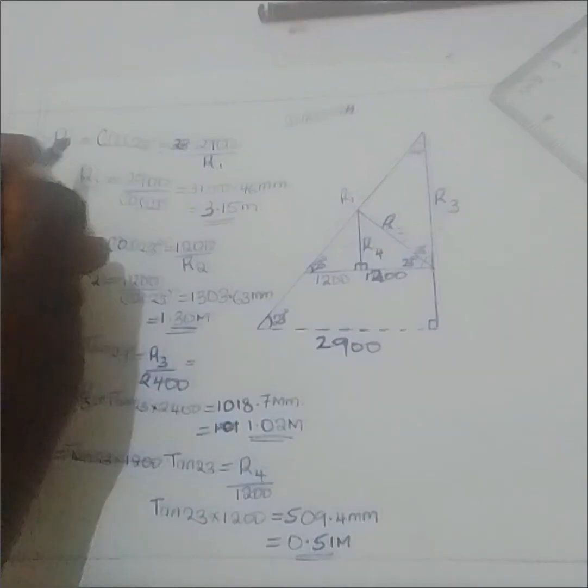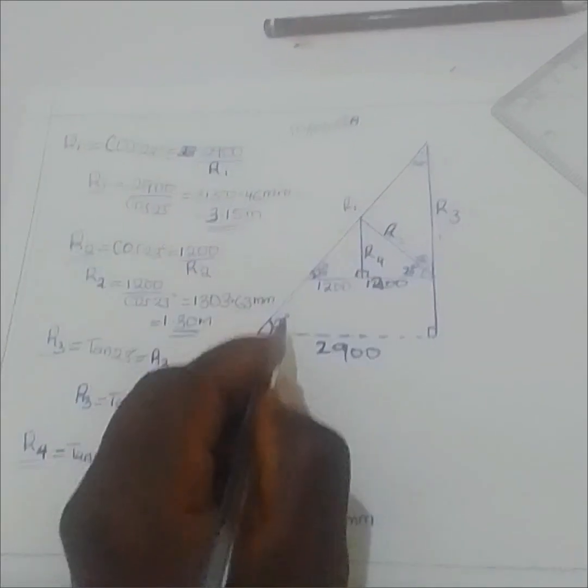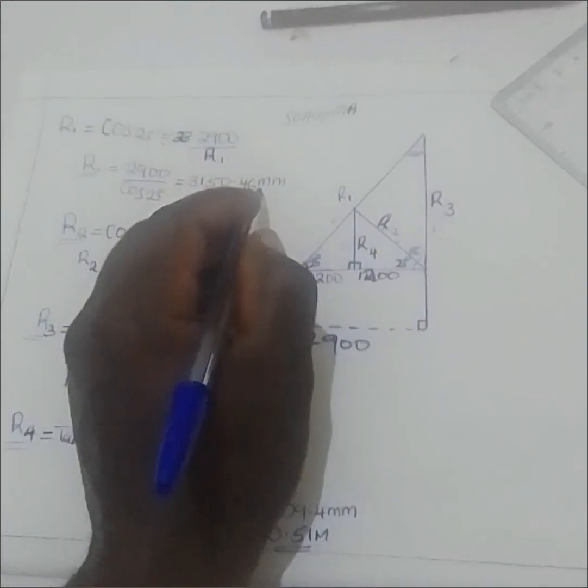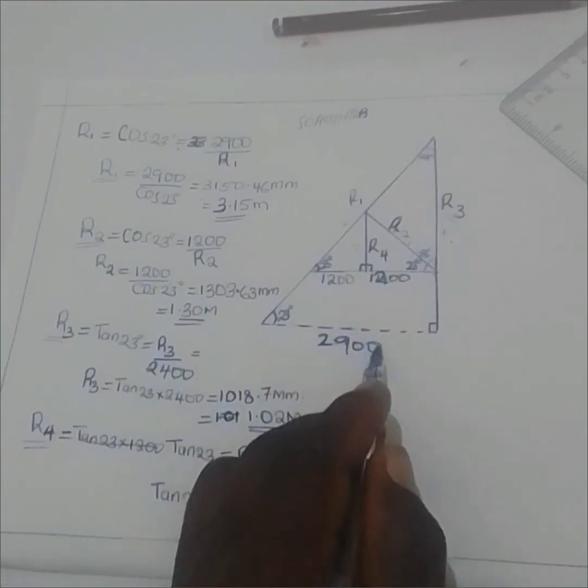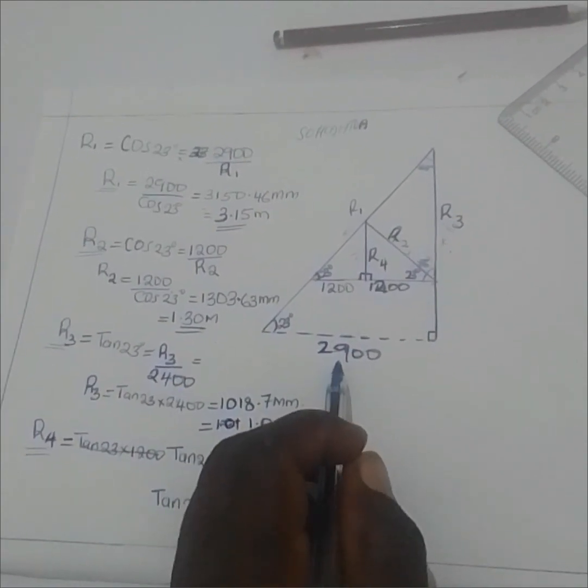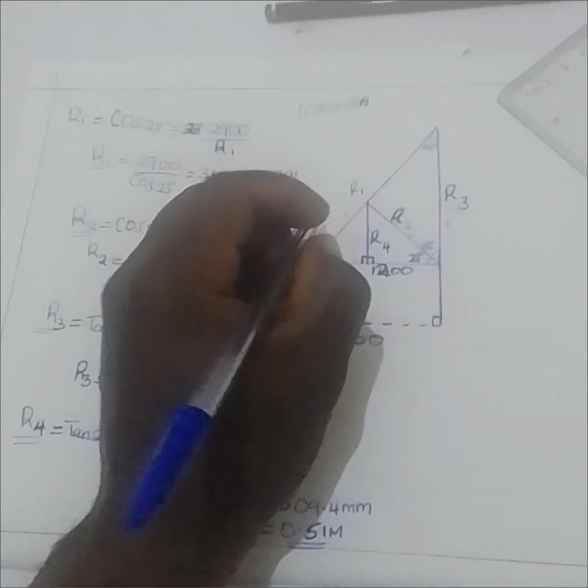It will be cos theta, which is cos 23, equals adjacent, which is 2900, all over hypotenuse, which is R1.